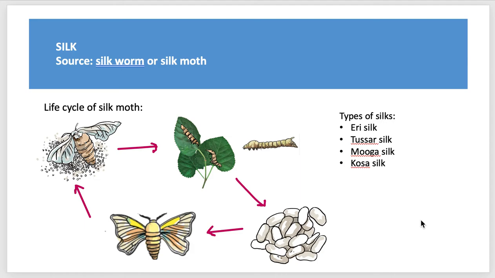The same way, when the silkworm is building a cocoon around itself, it is releasing this protein, and this protein becomes hard when it comes in contact with air. So this is the cocoon phase. These round things that you see are actually cocoons.